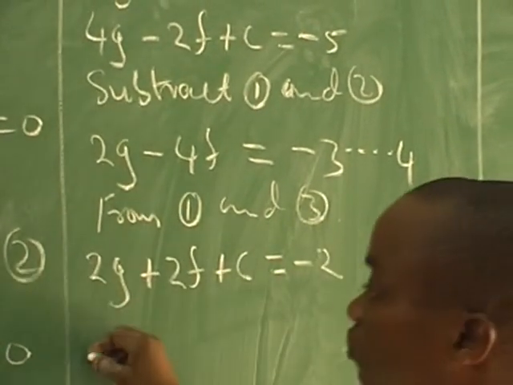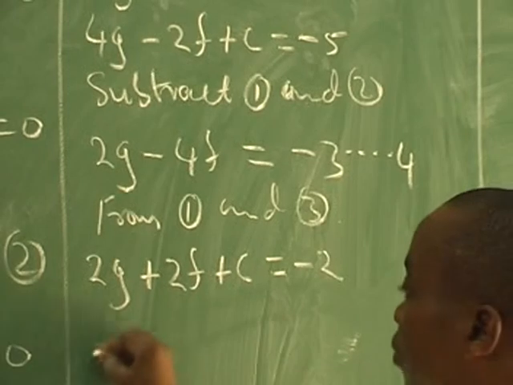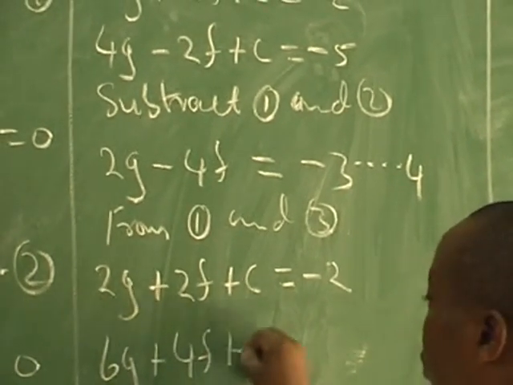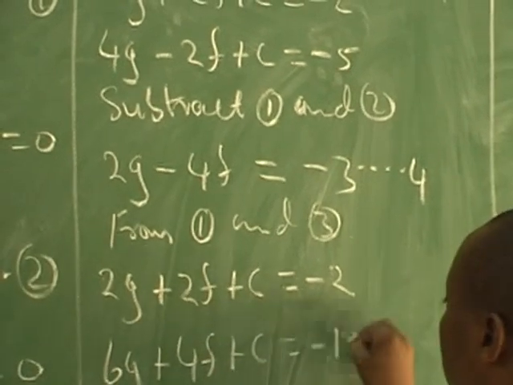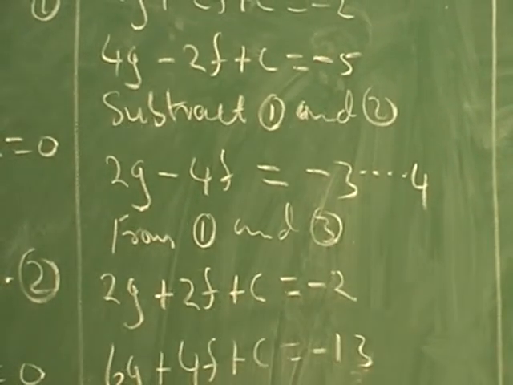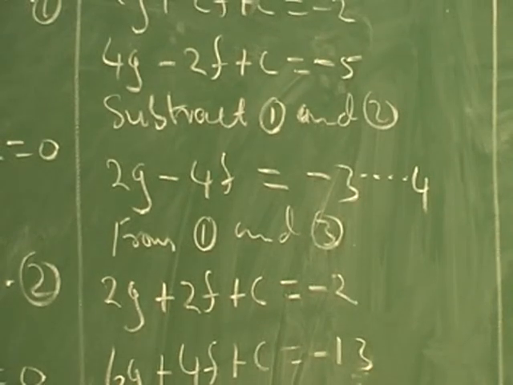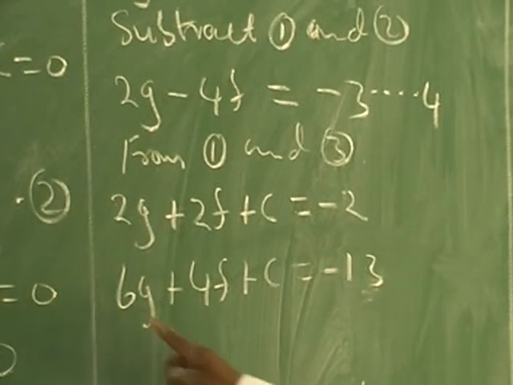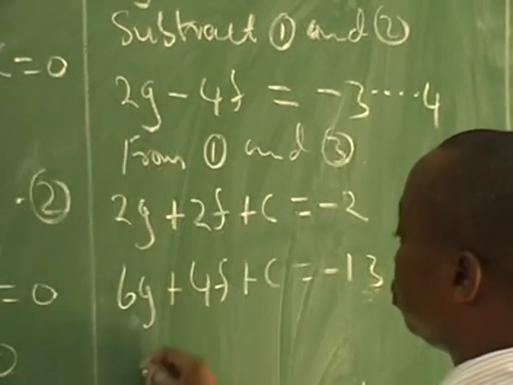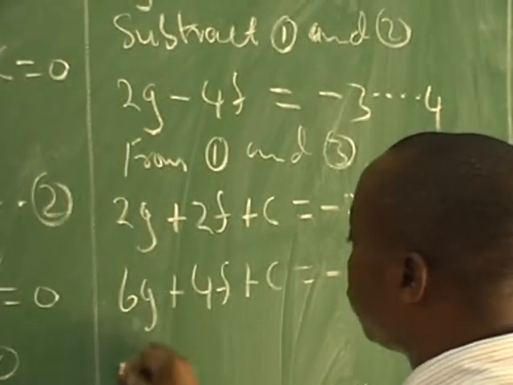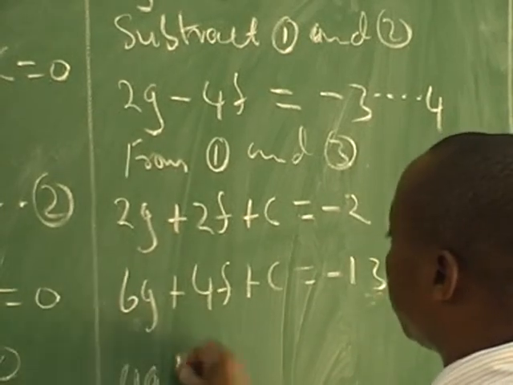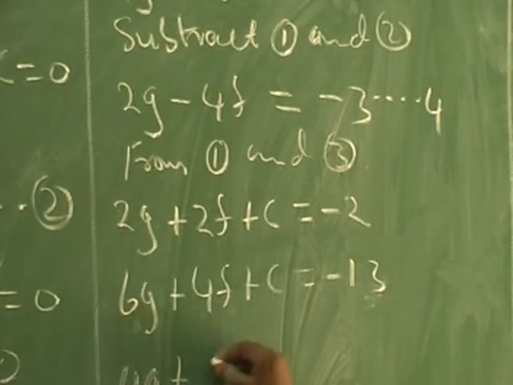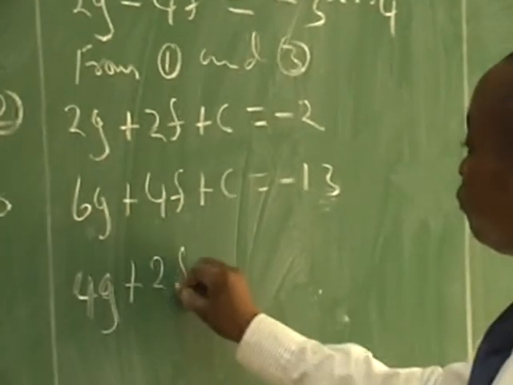And then we also have for 3, 6g plus 4f plus c is equal minus 13. Now we also want to remove c. For us to remove c, 6g minus 2g will give us 4g, plus 4f minus 2f will give us 2f.